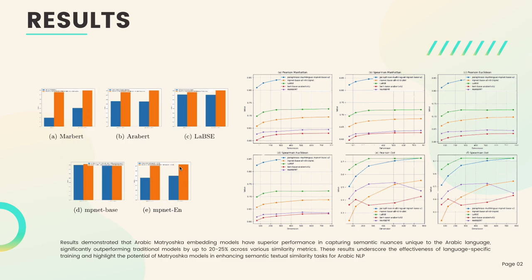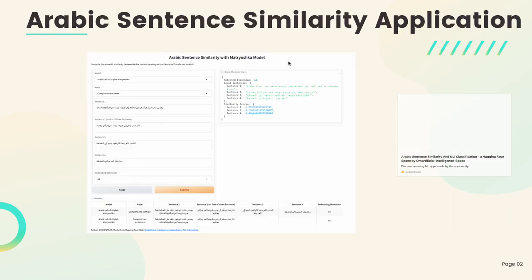Also, for the English one, we maintain good performance using these embeddings. We have seen an increase of 20 to 25% across various similarity metrics. Looking at the different metrics and evaluations, we can tell that the paraphrase multilingual MPNet base has outperformed the other ones, except in some places where Labse has comparable results.